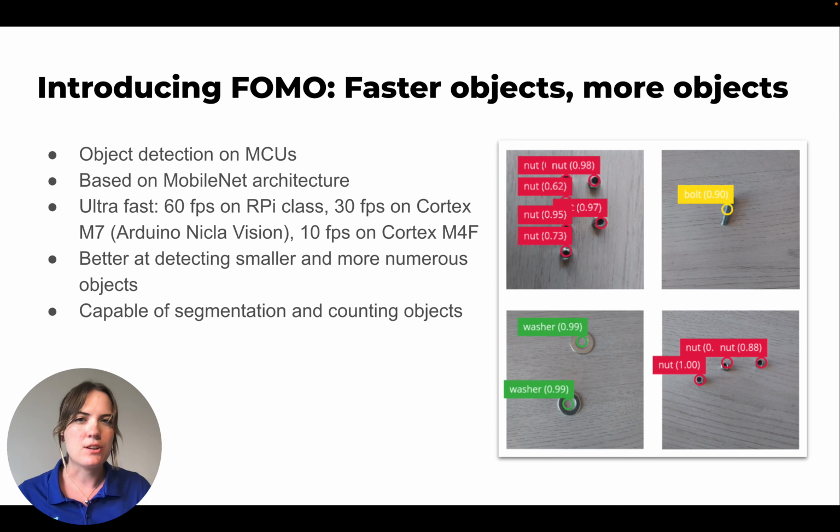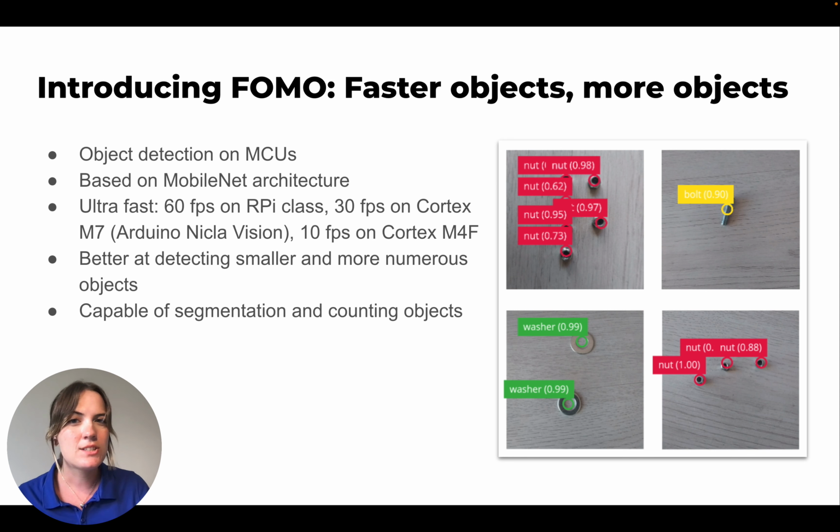FOMO is object detection for microcontrollers, or MCUs, and it's based on MobileNet architecture. But it's interesting because MobileNet v2 architecture uses almost 11 megabytes of flash, while FOMO only uses 77 kilobytes of flash and 244 kilobytes of RAM, which is perfect for running object detection on very constrained devices like microcontrollers.